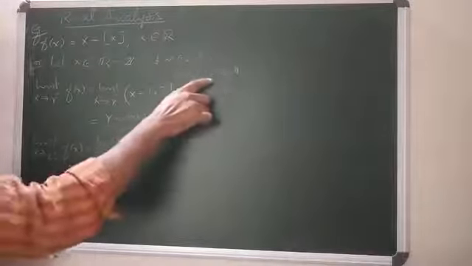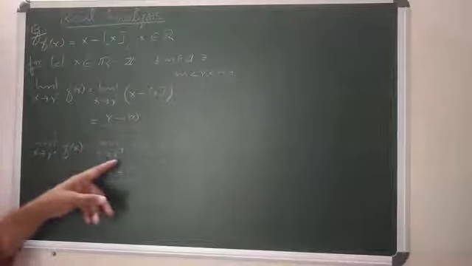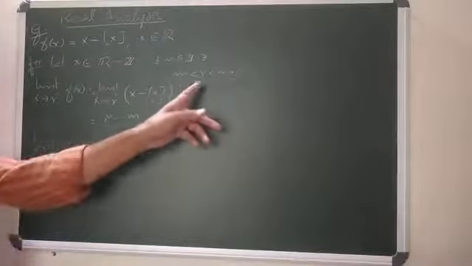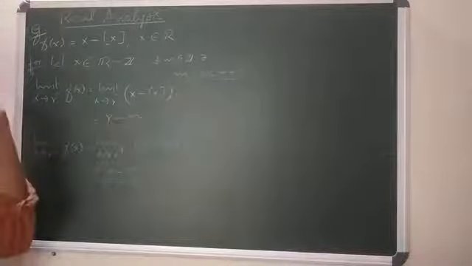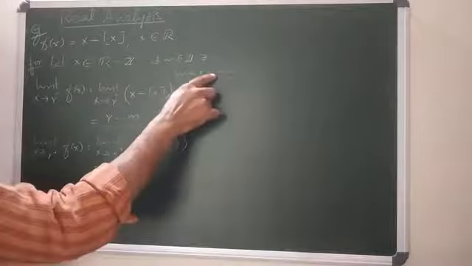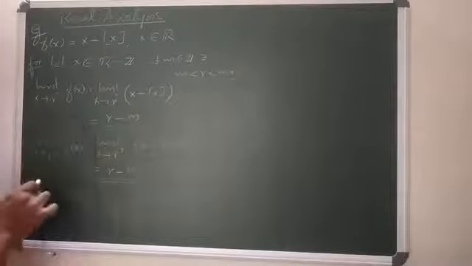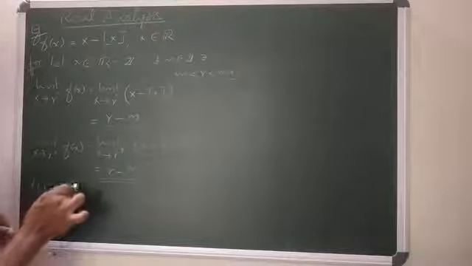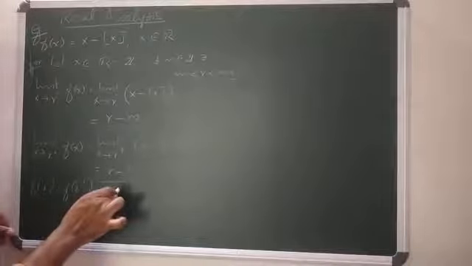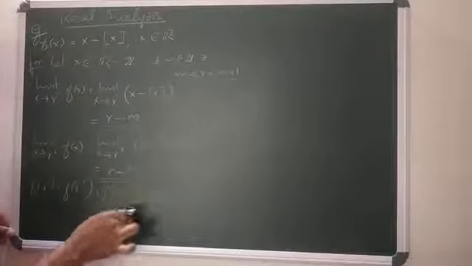Why? Because r plus means it has a tendency to reach r, but is slightly greater than r and also less than the nearest integer m plus 1. So it is nothing but r minus m. Clearly, f of r minus equals f of r plus equals f of r equals r minus m.